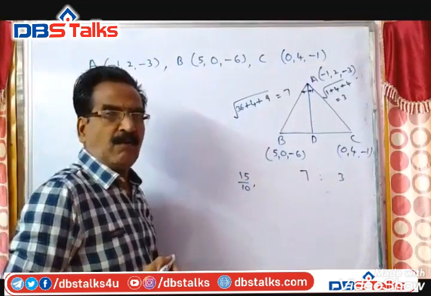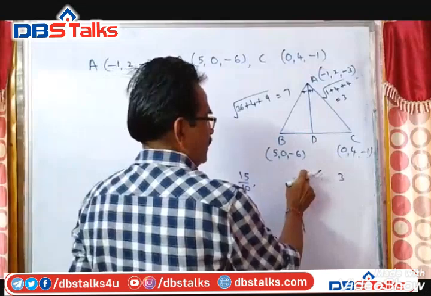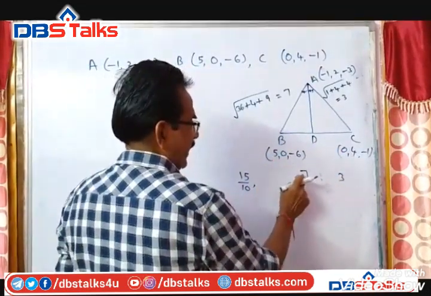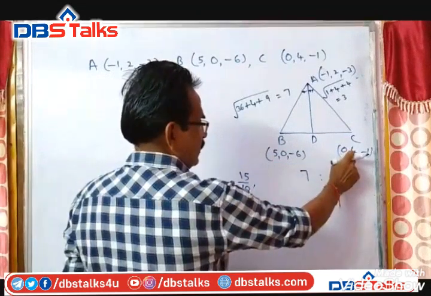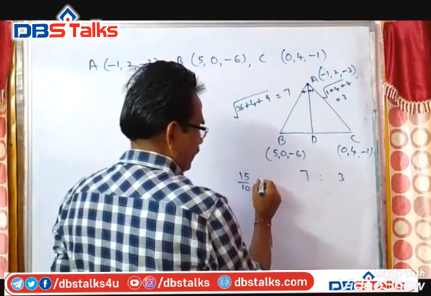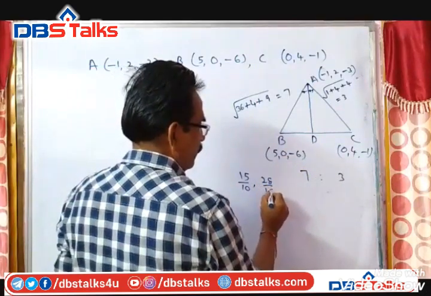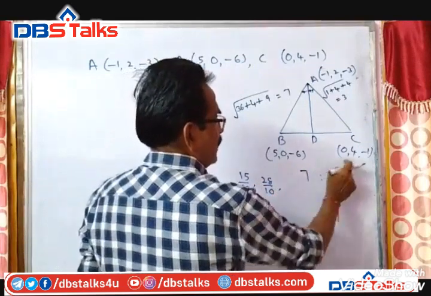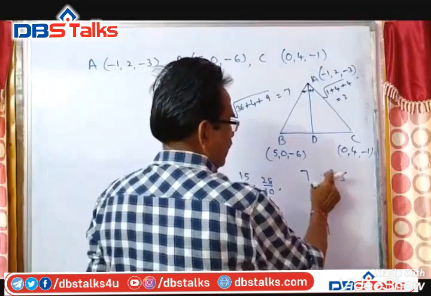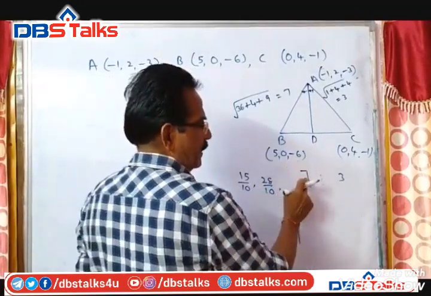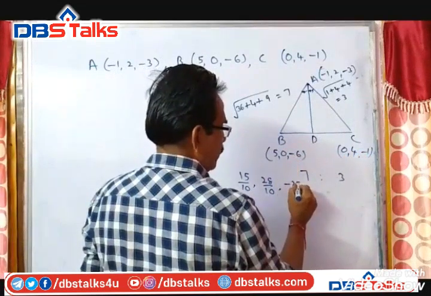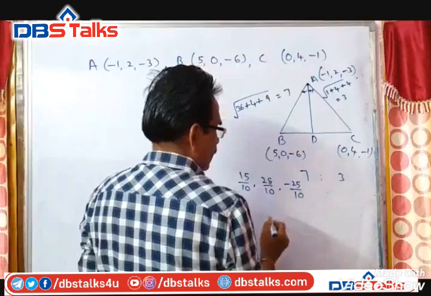I am finding the coordinates of D. This into this plus this into this by this plus this. Again 7 fours 28 plus 0, 28 by 10. 7 into minus 1, minus 7. 3 into minus 6, minus 18. Minus 7 minus 18, minus 25 by 10.